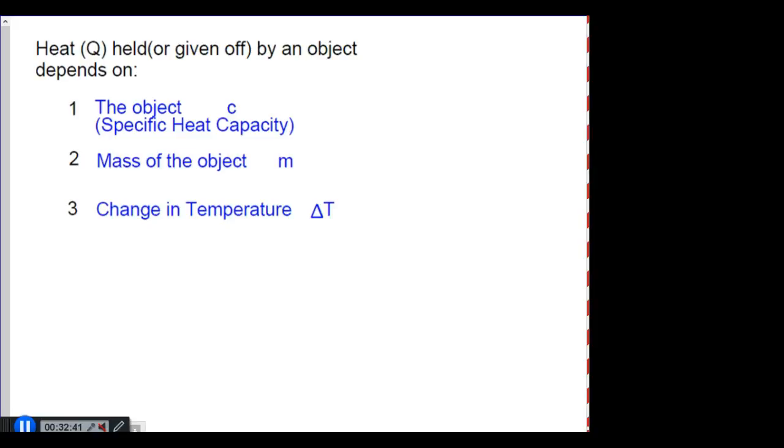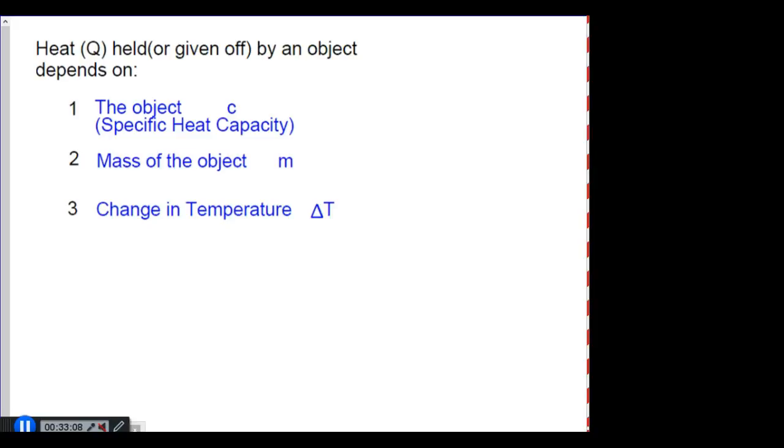Okay, you have already guessed the 3 things we need to know about to do the calculation. But instead of a volume of water, we're going to use mass. And the reason why we're going to use mass is because when we're given specific heat capacity, we're given a standard unit that includes grams.